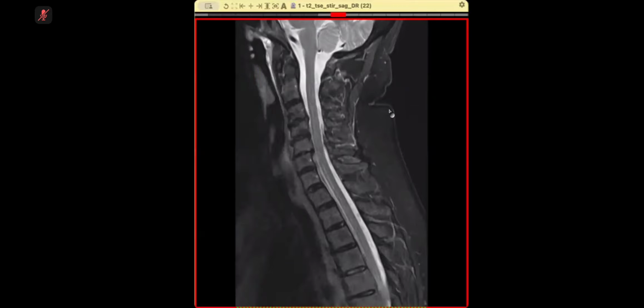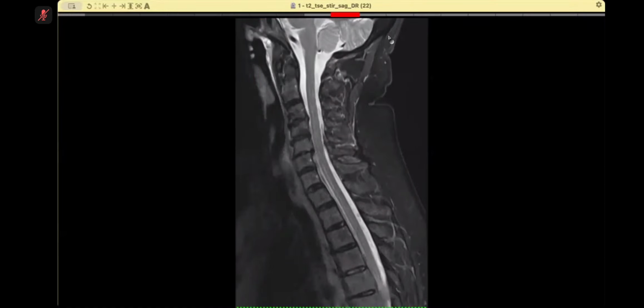Now, what happened was this patient is a 49-year-old with lower limb weakness and sensory symptoms gradually for the last 2 years.